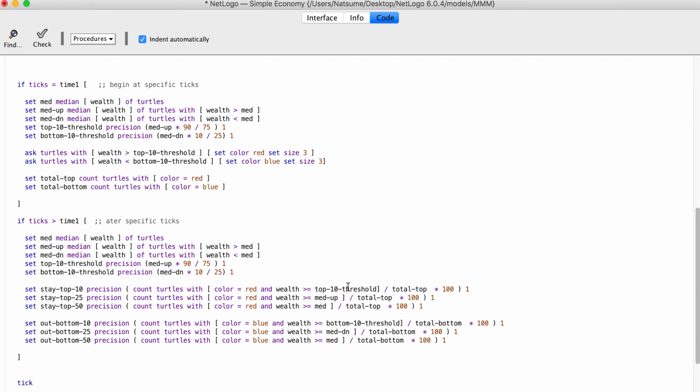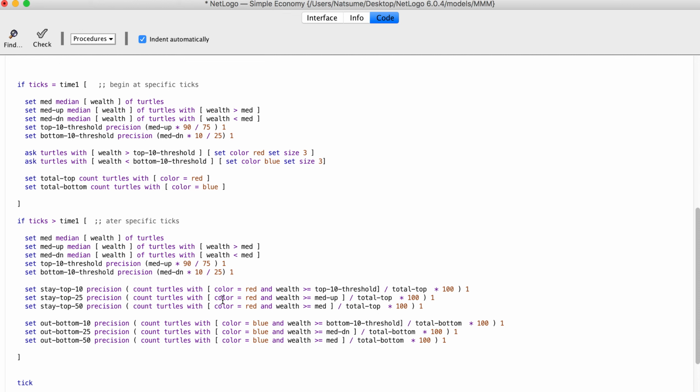The number of turtles satisfying these two conditions will be less than the number of turtles who satisfy the top 10% of the richest turtles at tick 2,000. So this is a ratio below 1.